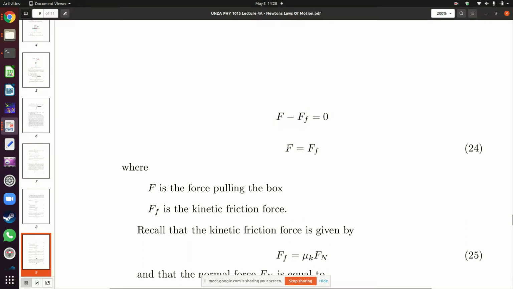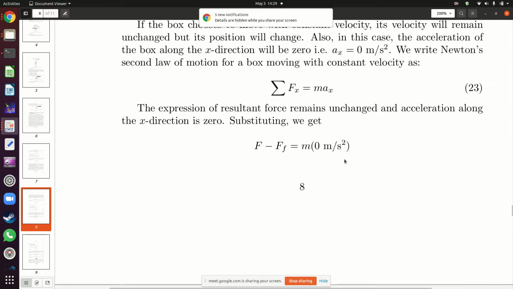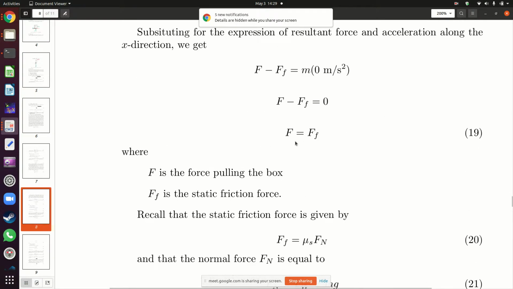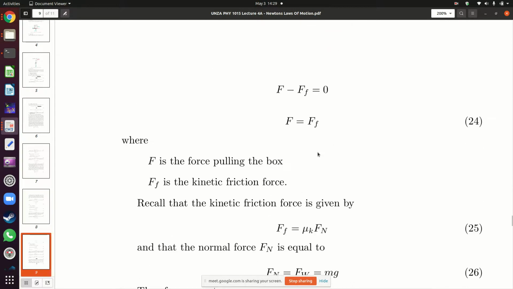So in this case, the pull force is equal to the friction force. This equation 24, the pull force is equal to the friction force, is similar to equation 19, basically identical. The only difference is the type of friction which is involved.